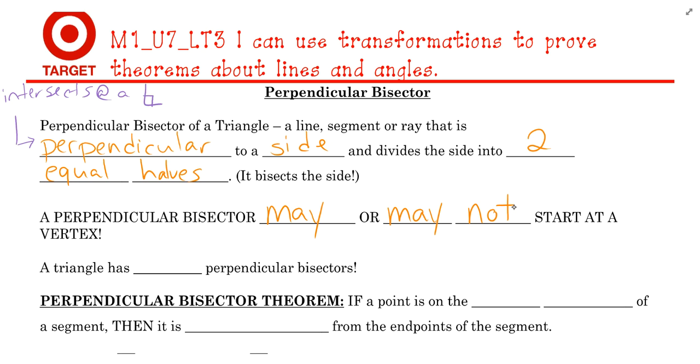However, if you have obtuse triangles, your perpendicular bisector is not going to necessarily cross through a vertex, and we'll see that in some of our future examples. So a triangle has three perpendicular bisectors because it has three sides.